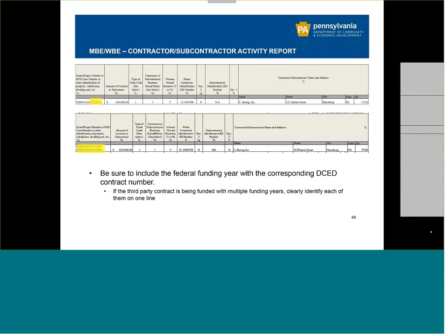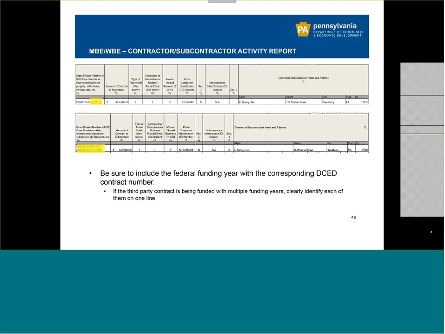You would just want to include it by the contract with your third-party contractor or subcontractor. So in this example here, it is a one DCED contract activity, so probably competitive in this case. So this is funded out of contract 12345, and that contract corresponds to the federal fiscal year of 2017.